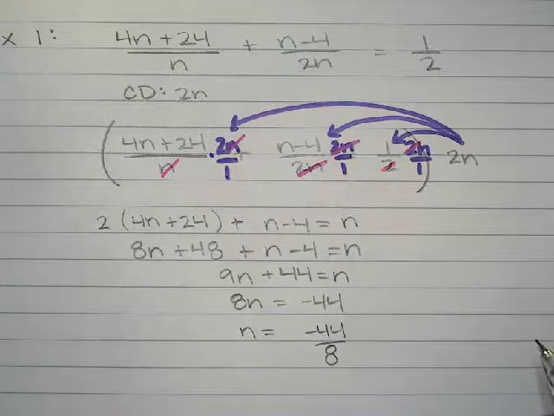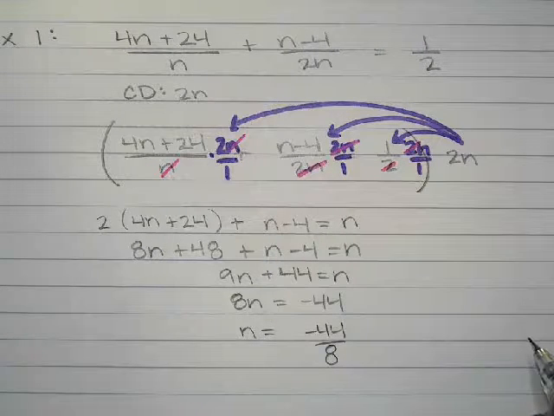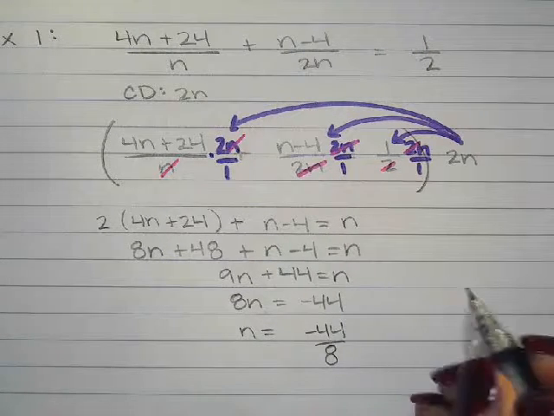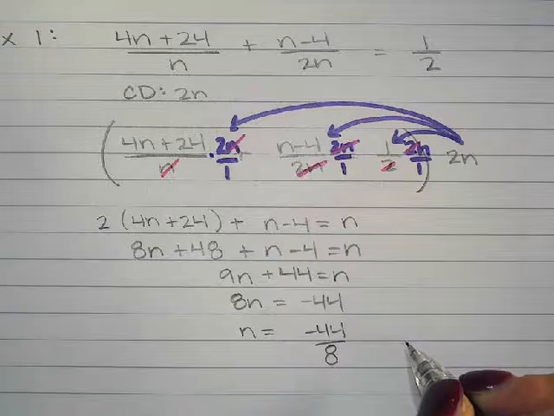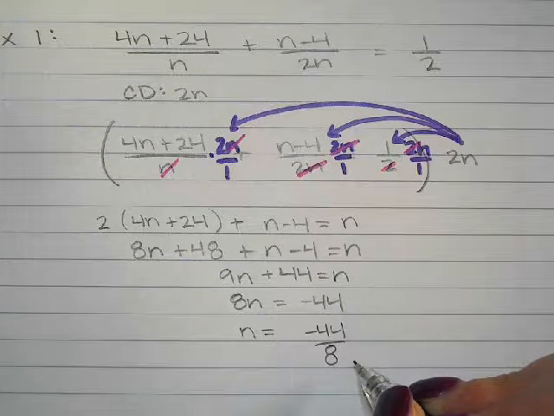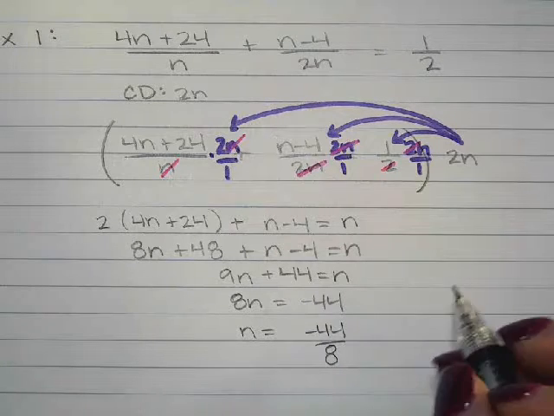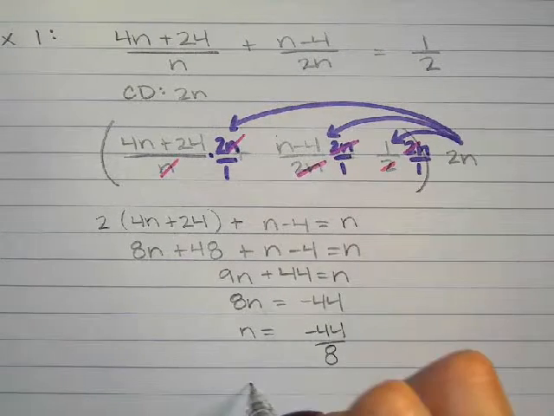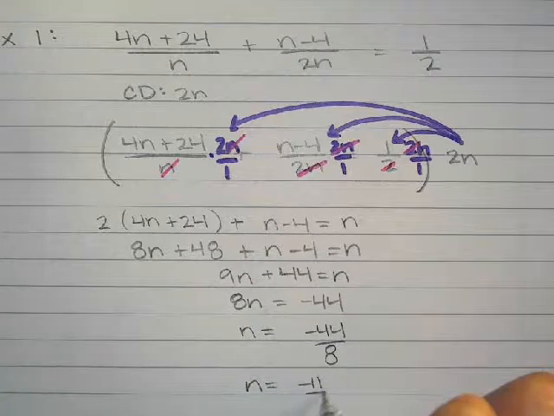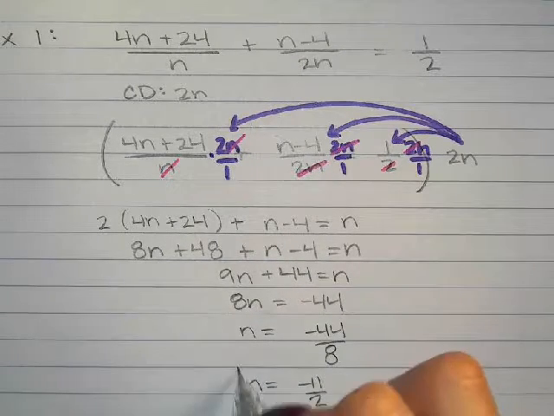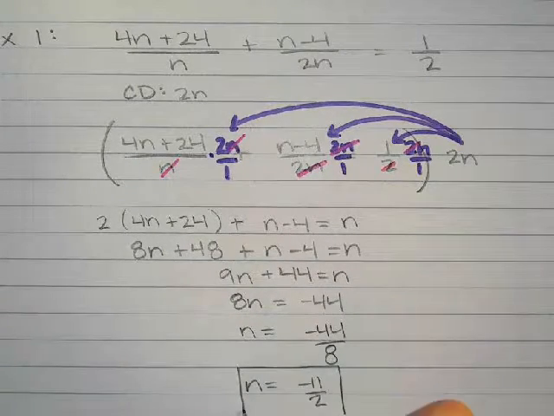All right, so if we simplify the top and the bottom, n equals negative 11 over 2, and we are done.